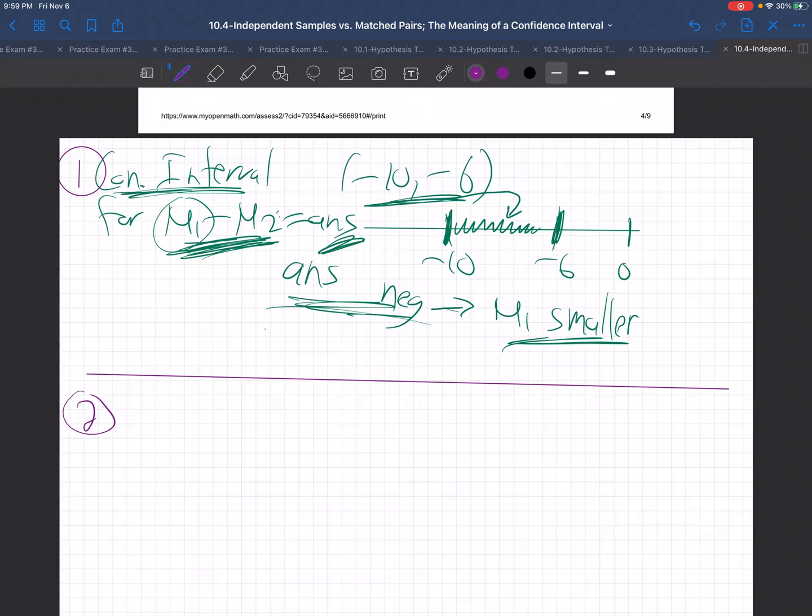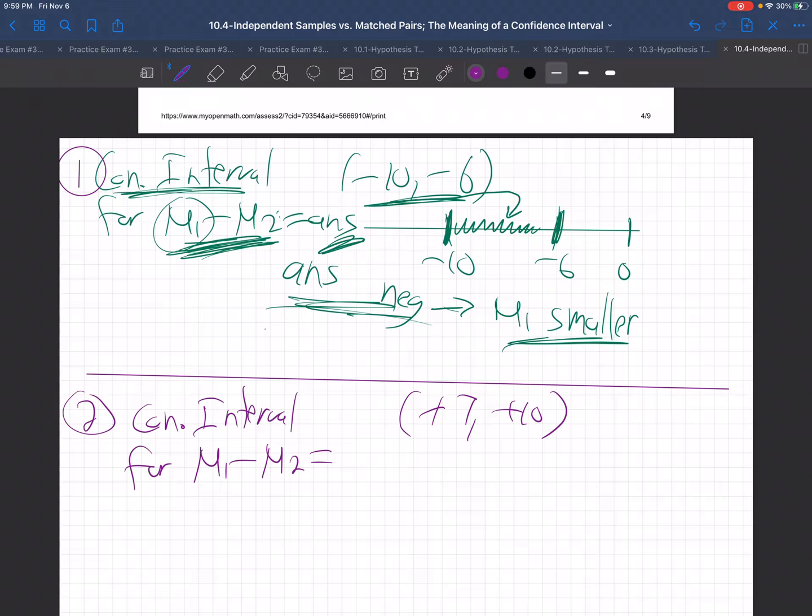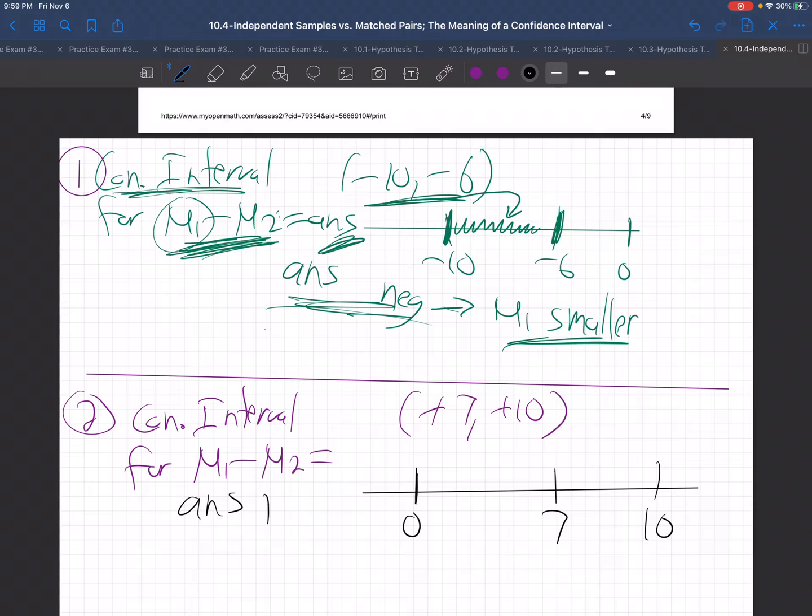Now come on down here, case number 2. What if you do your confidence interval for the difference, mu1 minus mu2, and it comes out to be like +7 to +10? Couple of positive numbers. What does that mean? On a number line, 0's here, and you're saying the answer must be positive because it's somewhere between 7 and 10.